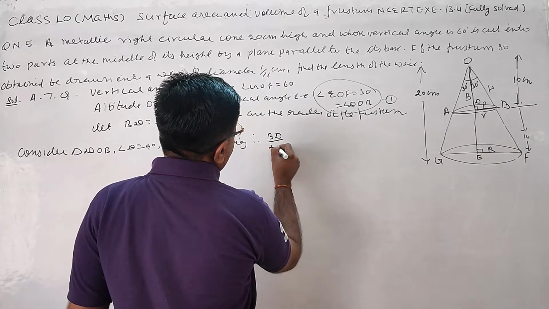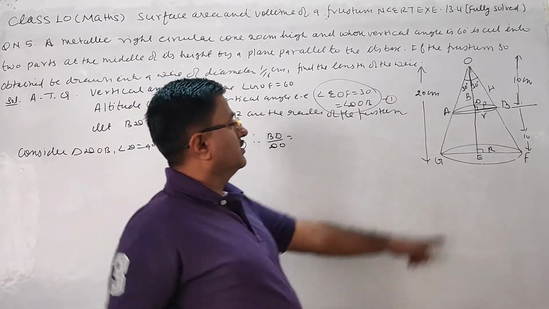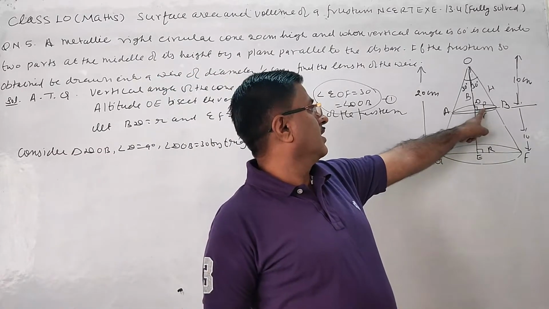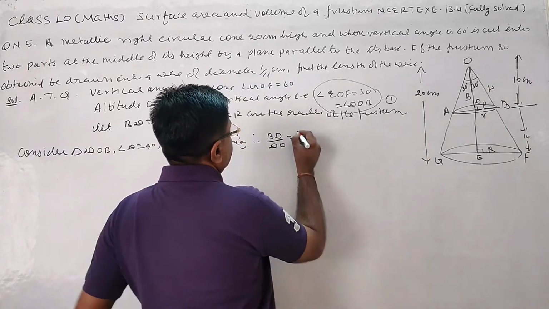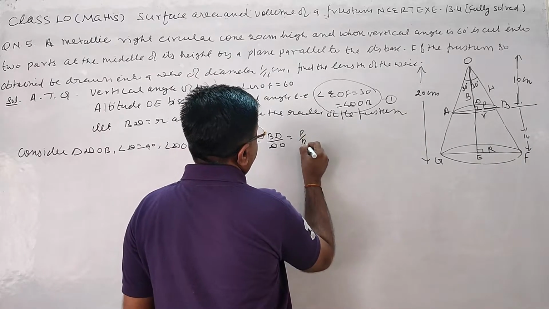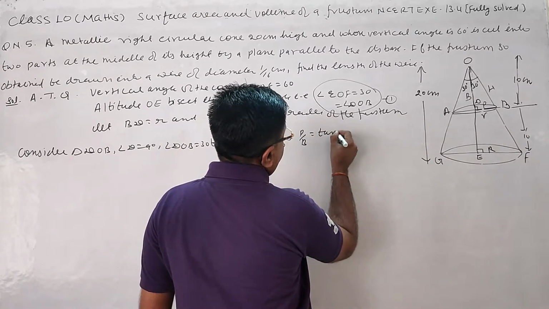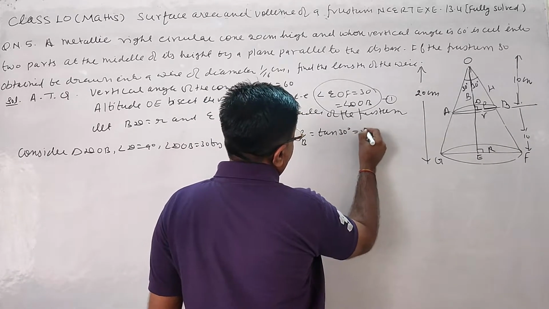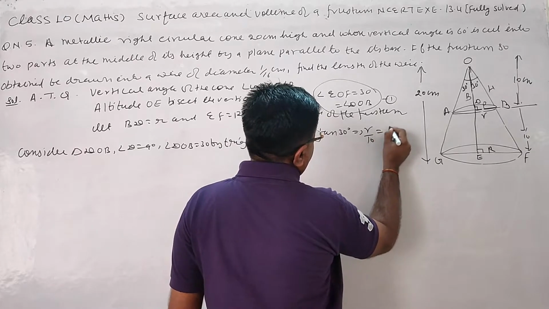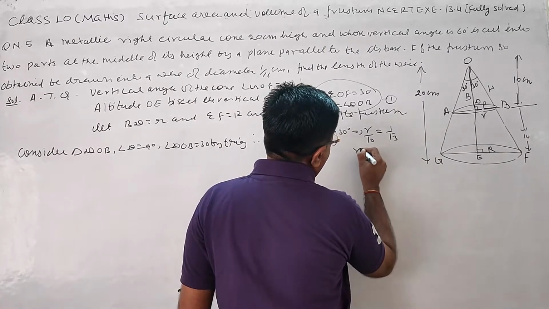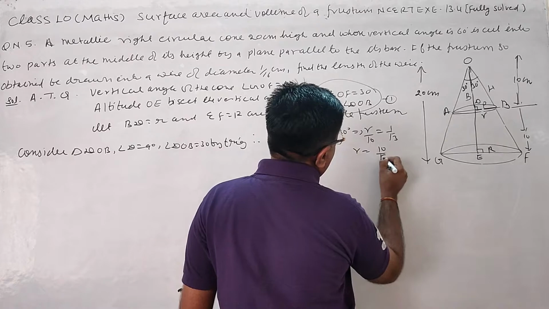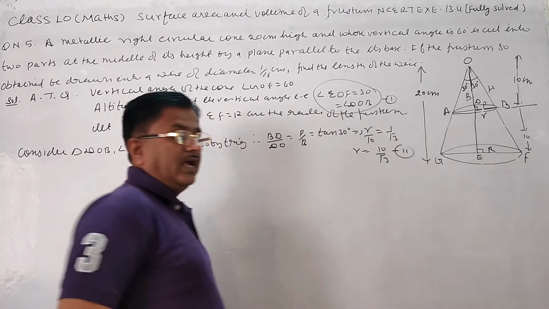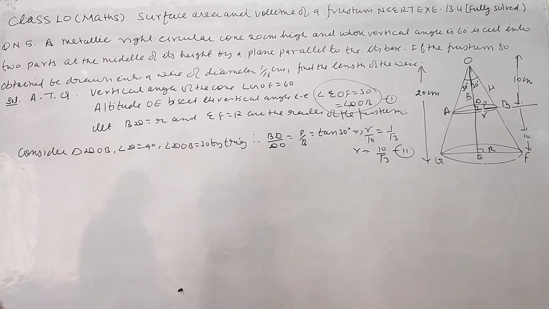BD upon DO, that means perpendicular upon base, is equal to tan 30. So perpendicular is r, upon base is 10. So we get the radius r equal to 10 upon root 3 centimeter.